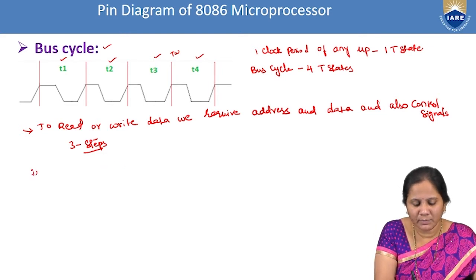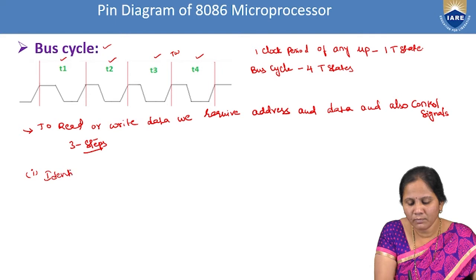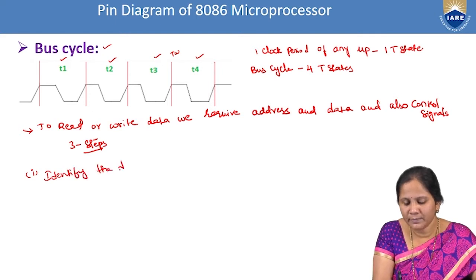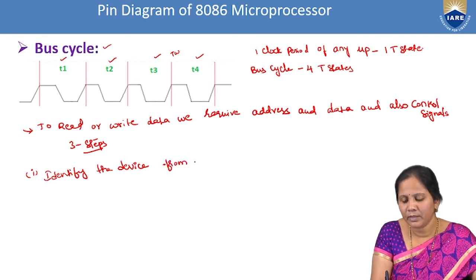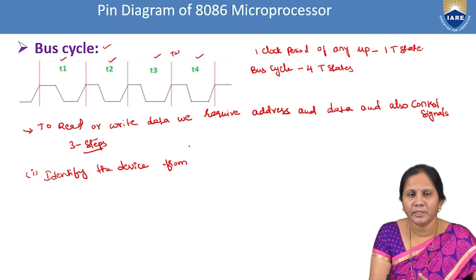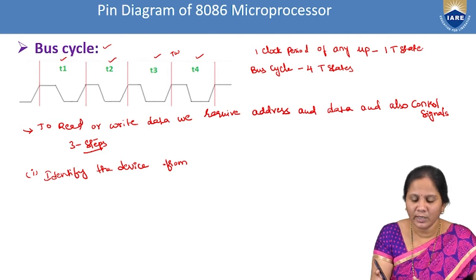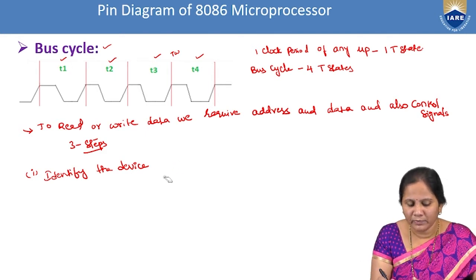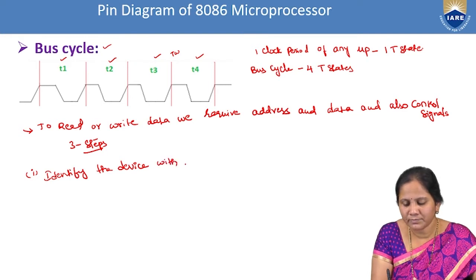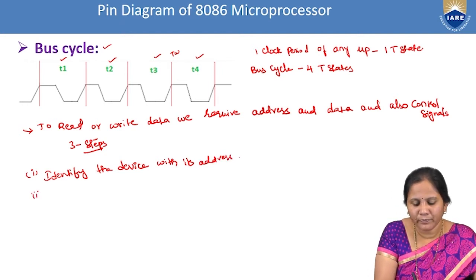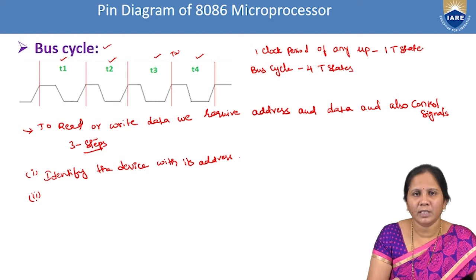What are the 3 steps? First one is to identify the device. It has to identify whether it has to read or write the information from the memory or from the device. So the first thing is to identify the device with its address. After identifying the device with its address, where the instruction is, then that particular data should be read.